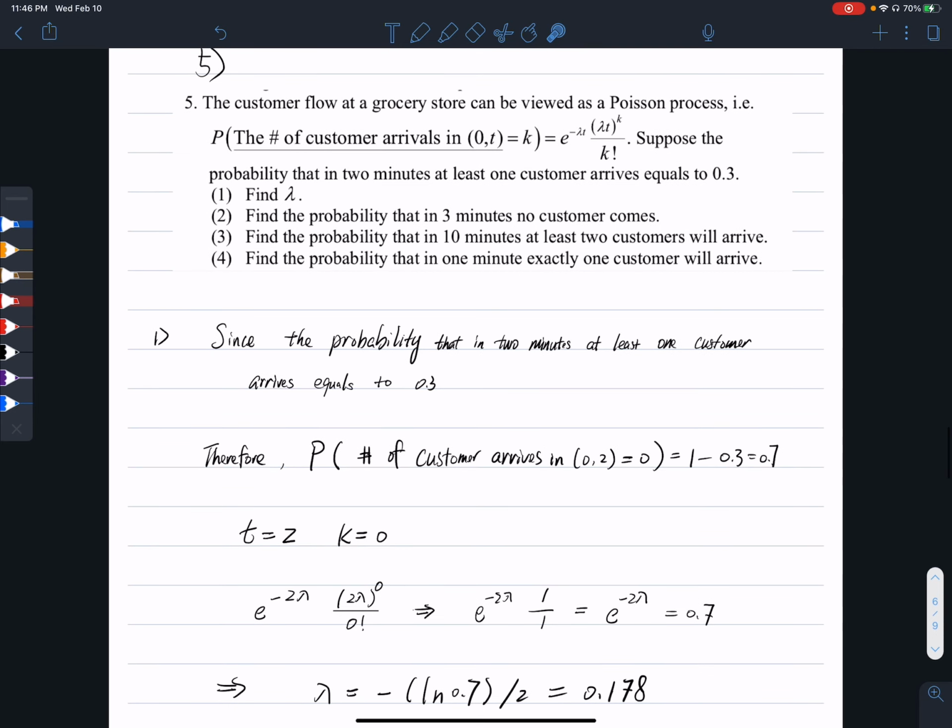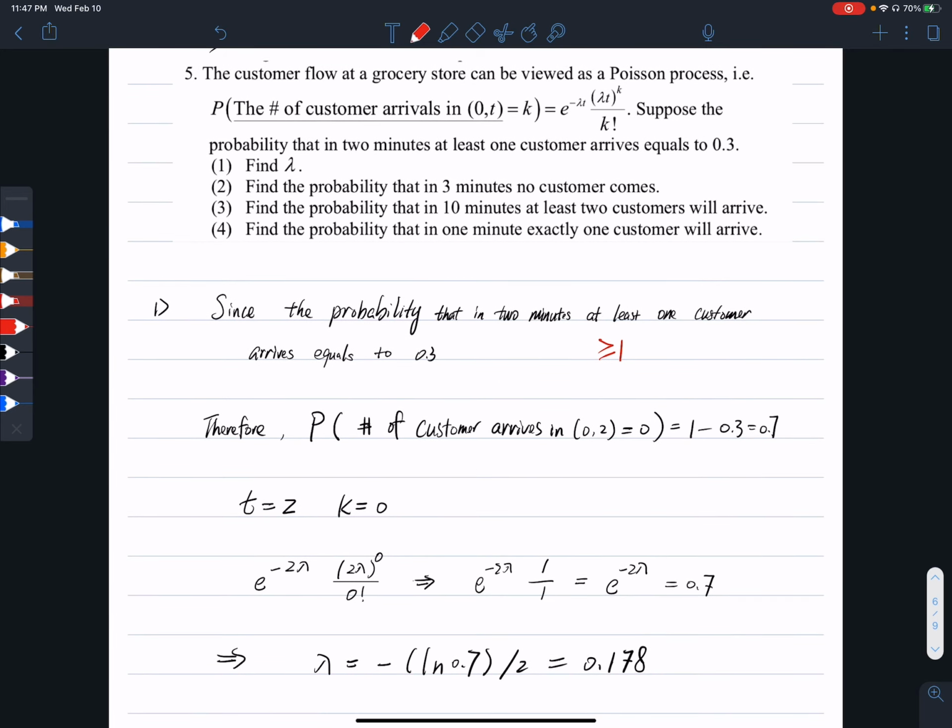We know that the probability that in 2 minutes there is at least one customer, which means greater or equal to 1. So basically here the offset of this probability in the space is 0.3.